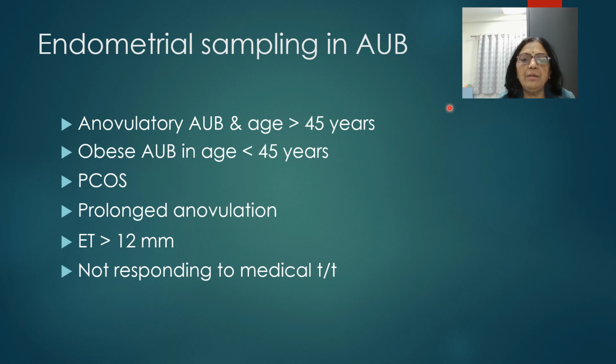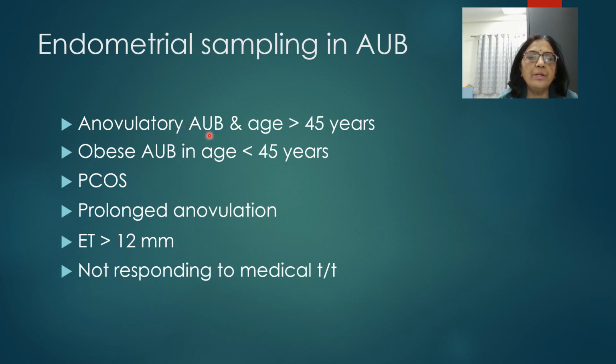Now, since many years, this is a point of debate when to do the endometrial sampling in abnormal uterine bleeding. When I was doing post-graduation, we were taught that any patient above the age of 40 years, first you do endometrial sampling and then only you start treating the patient. That means you rule out endometrial carcinoma, which holds true today also, except that now the age limit has been increased to 45 years.